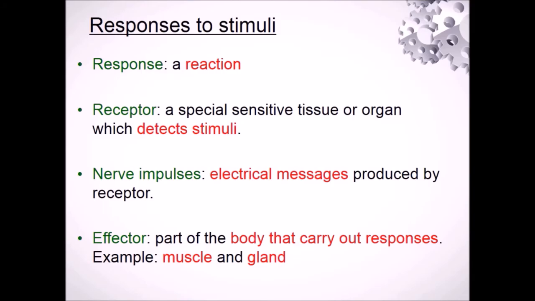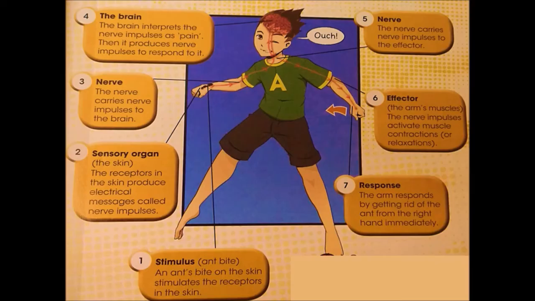In the diagram, you can see that the little boy is bitten by an ant. First of all, the stimulus will be the ant bite. An ant bite on the skin stimulates the receptor in the skin, and hence the sensory organ, which is the skin. The receptor in the skin will produce electrical messages called nerve impulses.